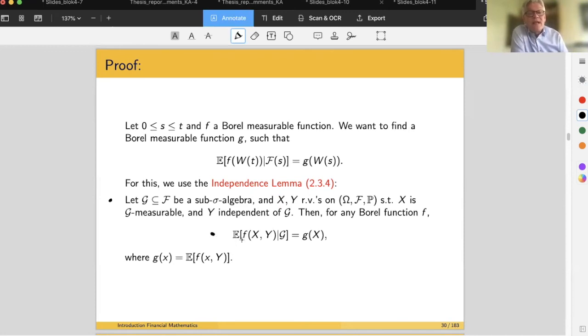The expectation of f, a function of X and Y, given G, is in fact g of X, where g of x, with x a running variable, is nothing but the expected value of f with running variable little x, and Y we keep as the capital Y.